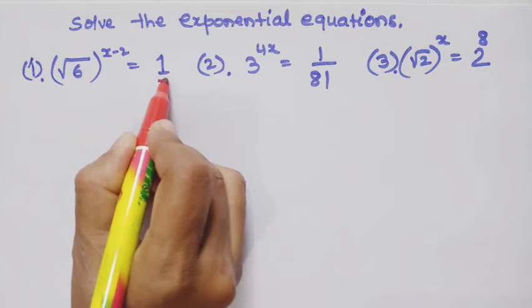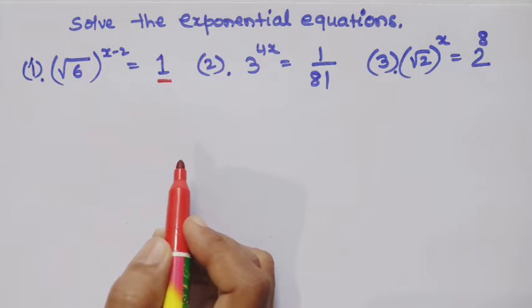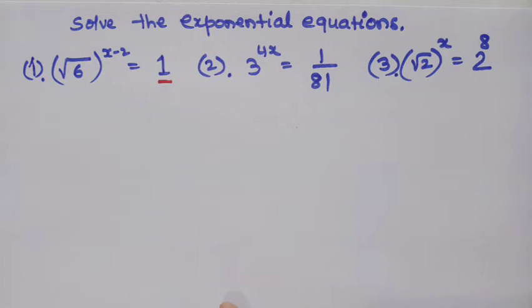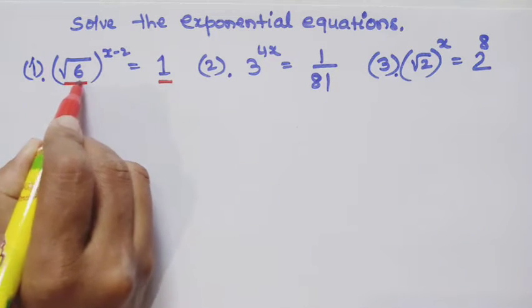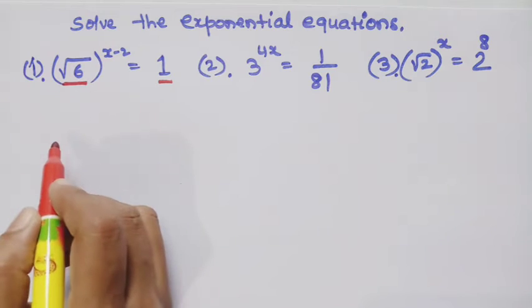Here you are having 1. Do you remember in what case you have 1? I hope you do remember that anything to the power 0 is 1. Whatever the number is, if you put the power as 0, it will be equal to 1. So what is the base here? Our base here is root 6. You can take root 6 as base.